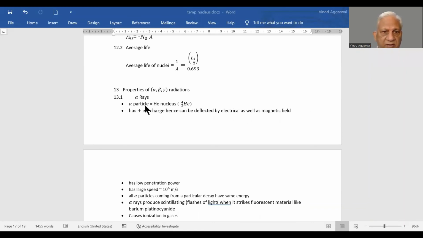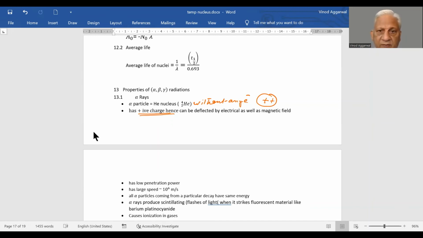If we talk about alpha rays, as we have seen, during alpha decay alpha particles are released, and alpha particles are nothing but helium nuclei. This is not a neutral helium atom; this is a helium nucleus without any electron. Then definitely it will have a net positive charge, a double positive charge. So it is positively charged.